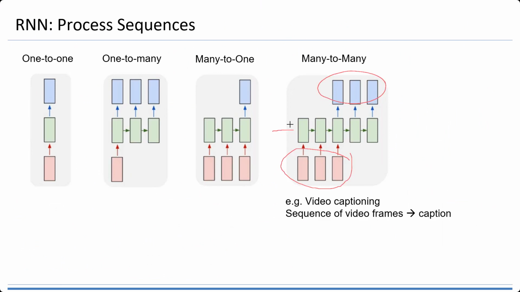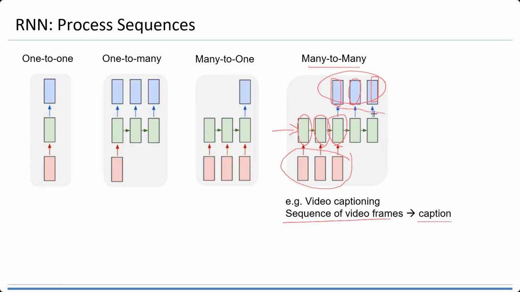In the first step, maybe this is time 0, time 1, time 2, and the output starts from time 2, time 3, time 4. Okay. So for this kind of many to many, maybe the example is we have a sequence of video frames and we are doing captioning.